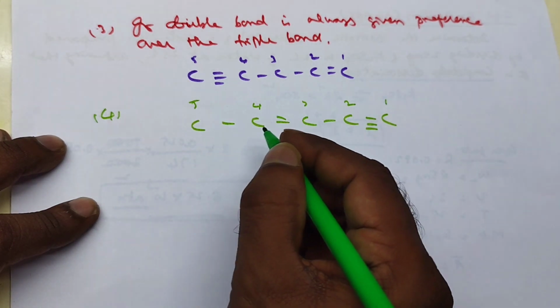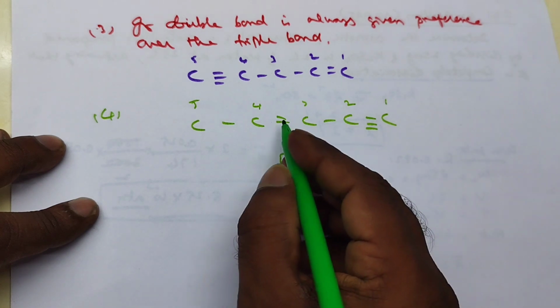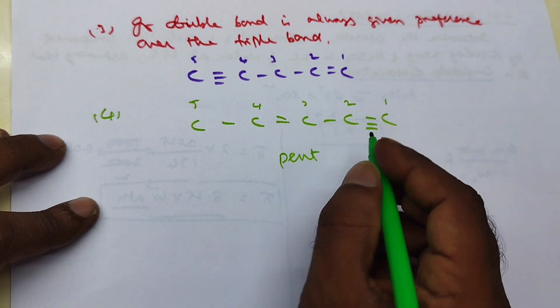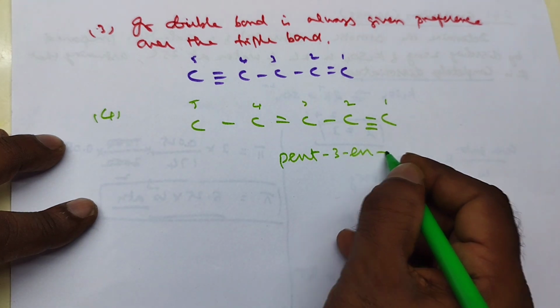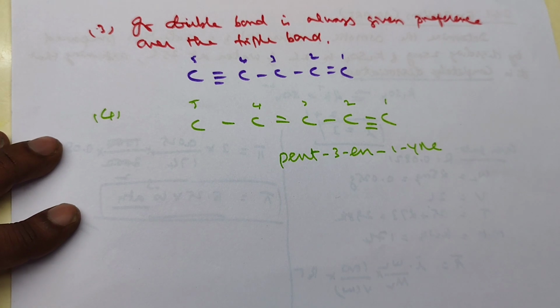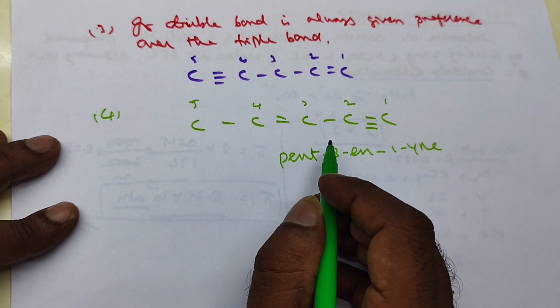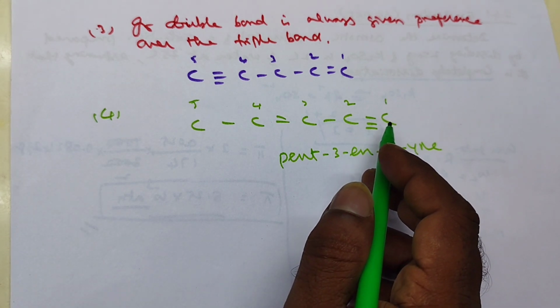So based on these 5 carbon atoms, you have to write pent, and 3 we are having a double and triple bonds: 3-en and 1-yne. Sometimes you may ask, sir, we give preference to double bond, but here the triple bond starts first.